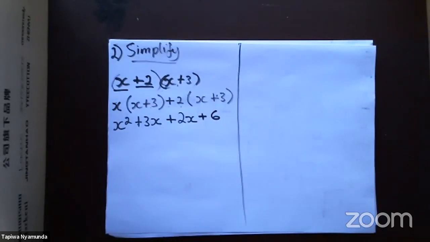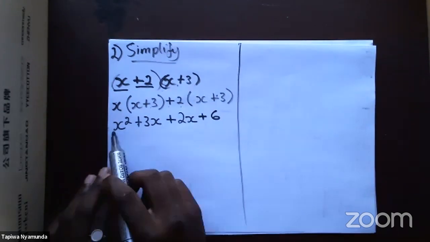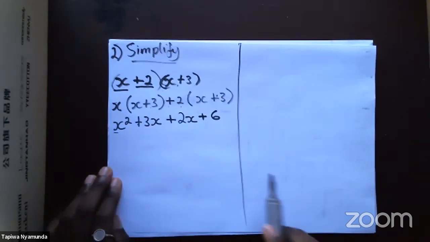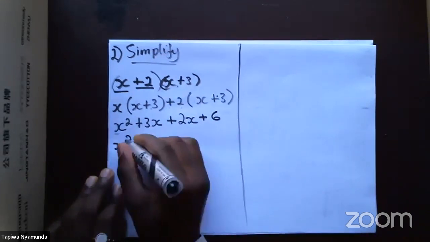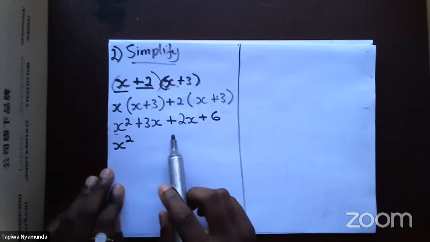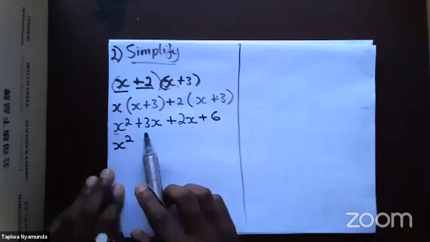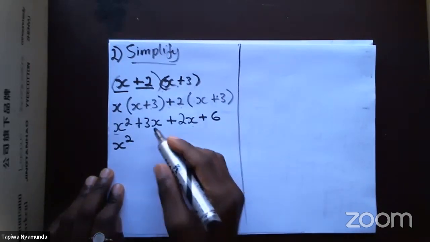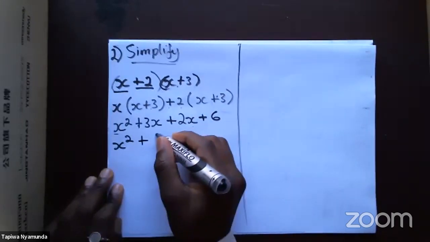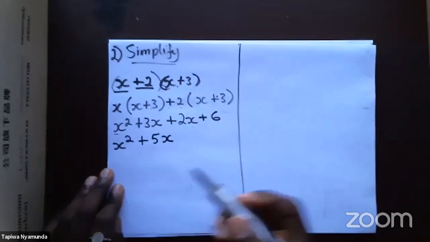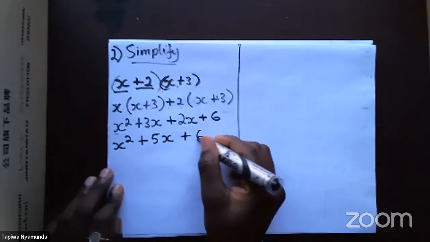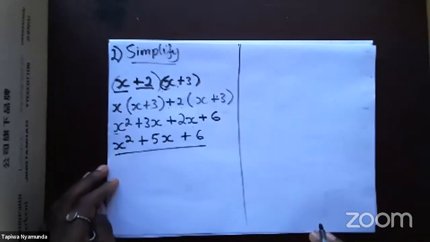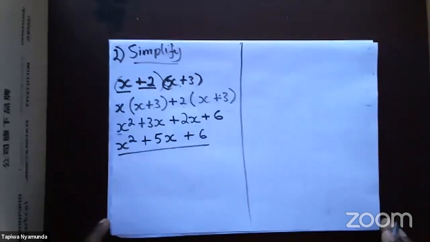Okay. In simplifying, grouping the legs, I see there is an x squared there. There is nothing like x squared, so I'm going to leave it like that. So I'm going to write x squared. Then I say plus 3x plus 2x. When I say plus 3x plus 2x, I get what? I get a 5x. And I say plus 6. This is my final answer.